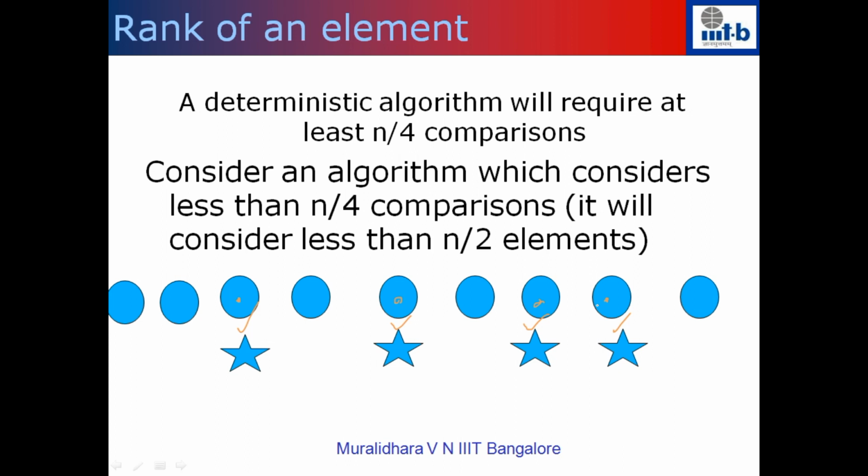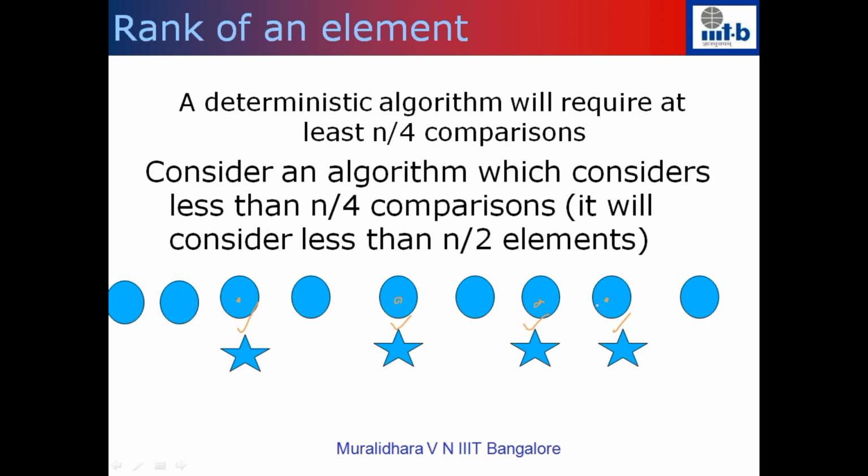So by looking at fewer than n by 2 locations and doing fewer than n by 4 comparisons, whatever the algorithm gives for sure will be a number smaller than the median. So the conclusion is that to get a number greater than the median, any deterministic algorithm must necessarily do at least n by 4 comparisons. In other words, the lower bound for this problem is omega of n.